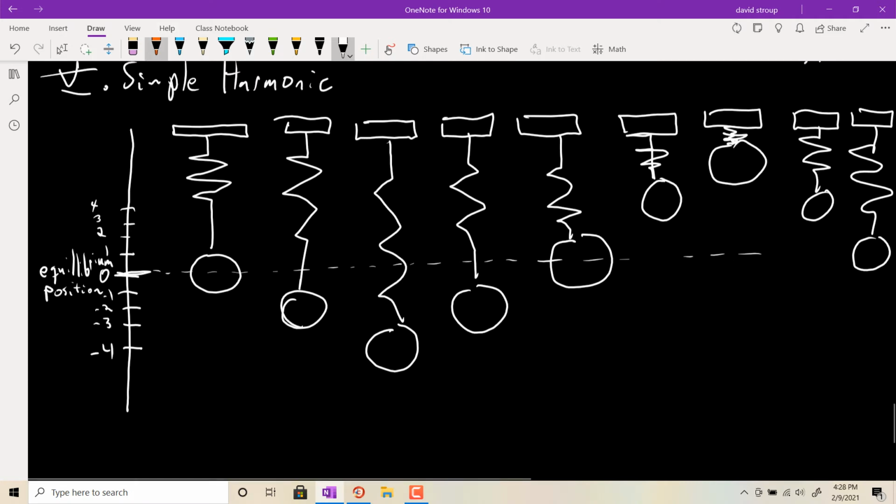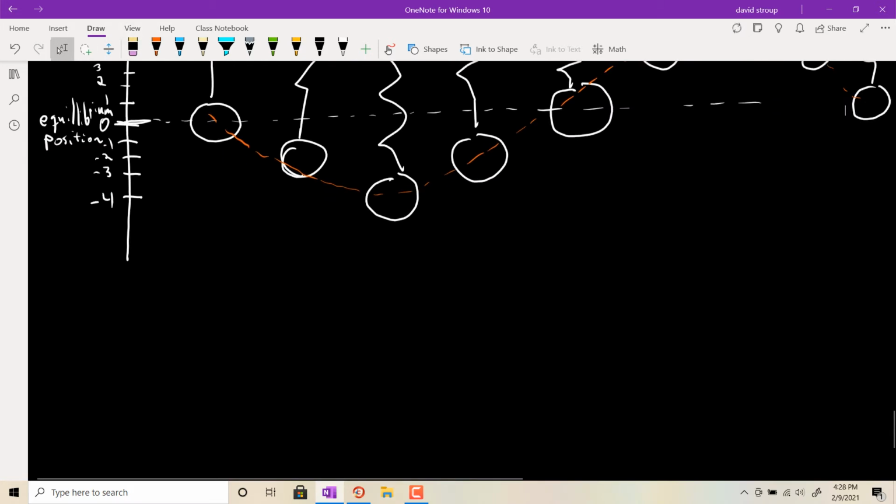Okay, so again, so what? Well, look at the graph. In this case, it looks like an upside down sine curve with a shifted phase. But yes, simple harmonic motion. We can model this phenomenon with sine and cosine.